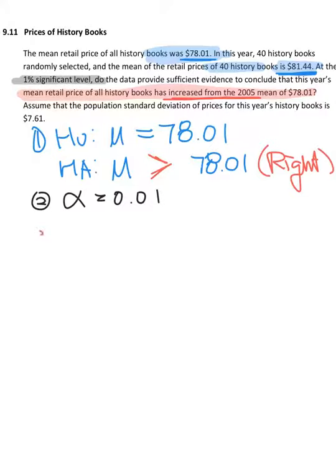Now step 3, take the test statistic, the z-score, which is the sample mean minus mu0 over sigma over square root of n.